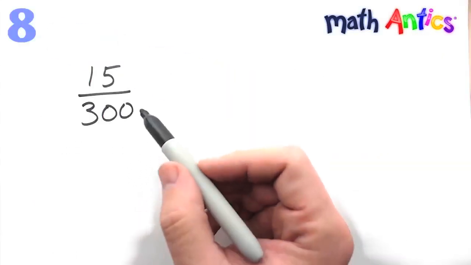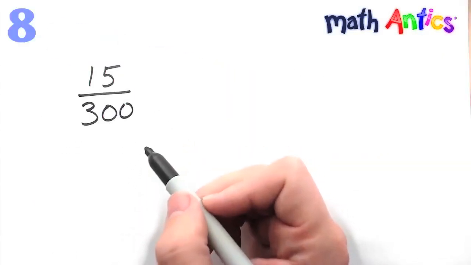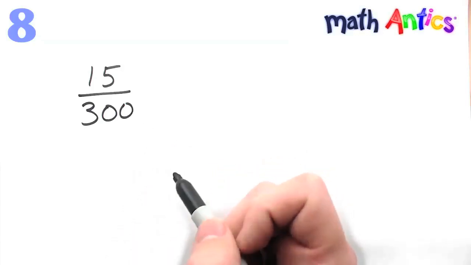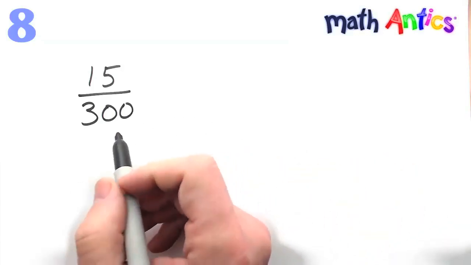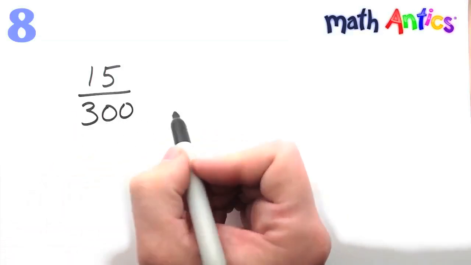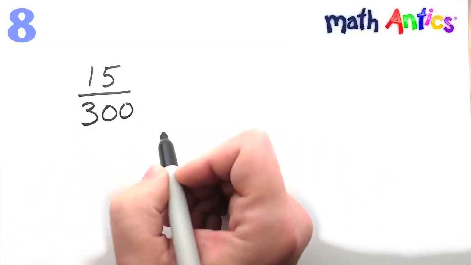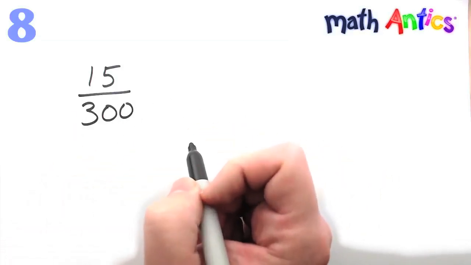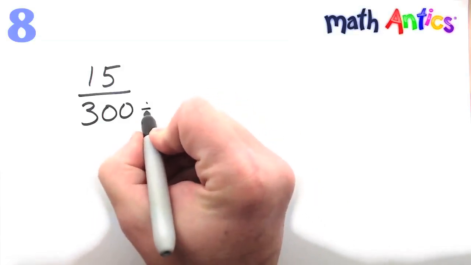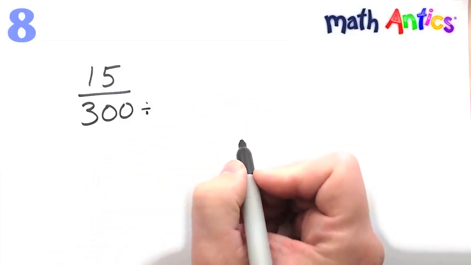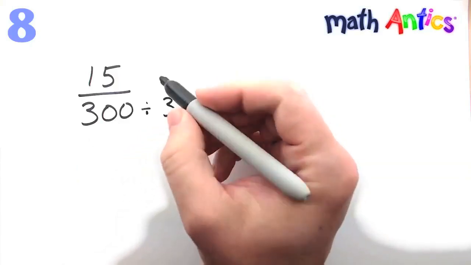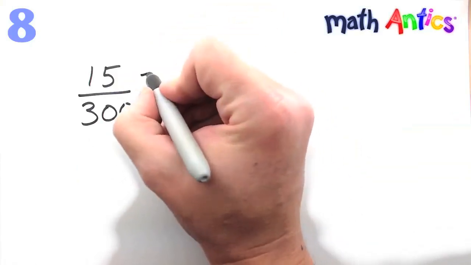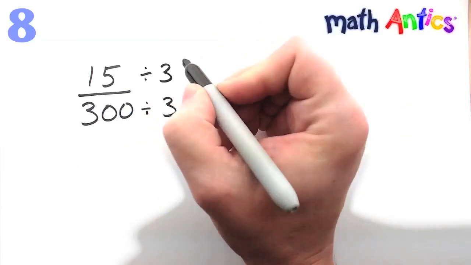And now we have the fraction 15 over 300, and we need to convert it into an equivalent fraction with 100 as the bottom number, and then write it in percent form. Now 300 is bigger than 100, so we're not going to multiply it by a number, we're going to divide it by a number. So let's see, 300 divided by what would give us 100? Well, 300 divided by 3 gives us 100. So now we need to do the same thing to the top number, divided by 3.